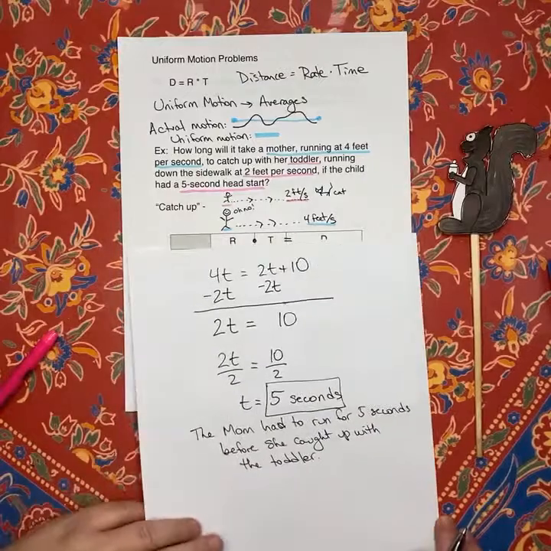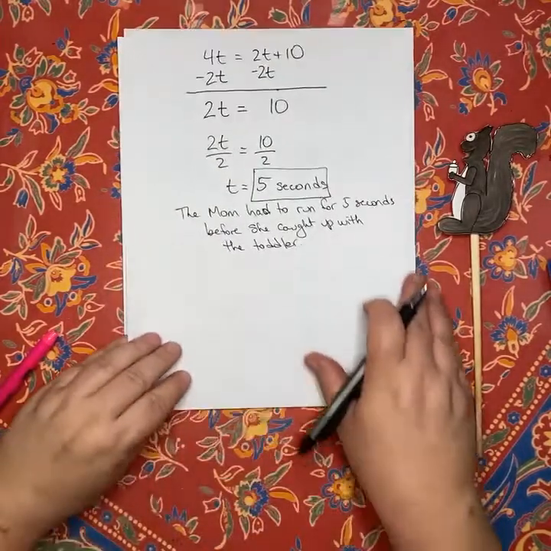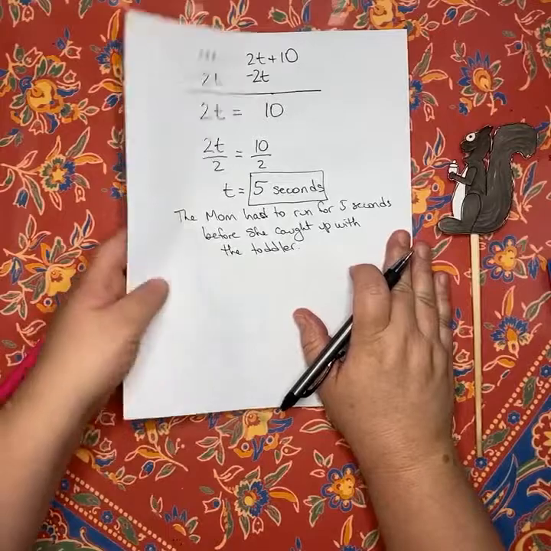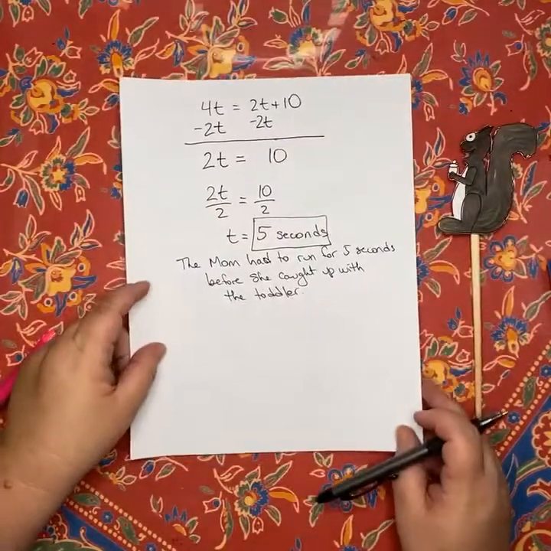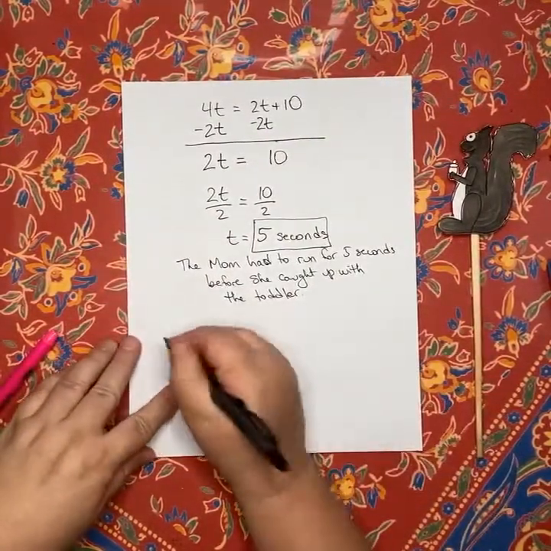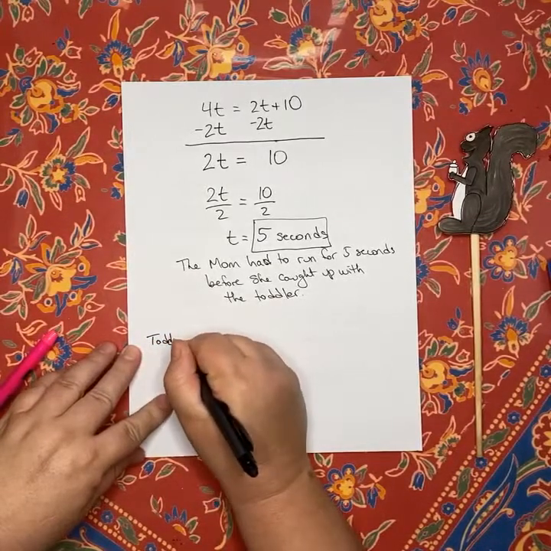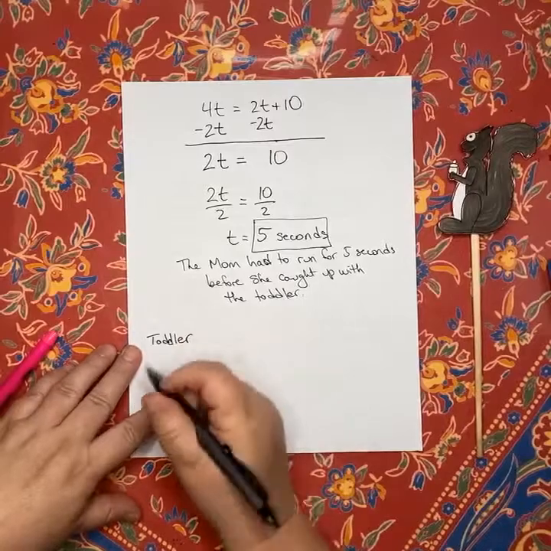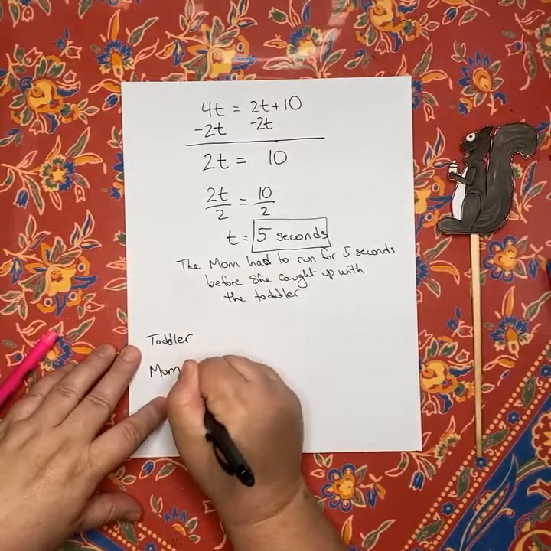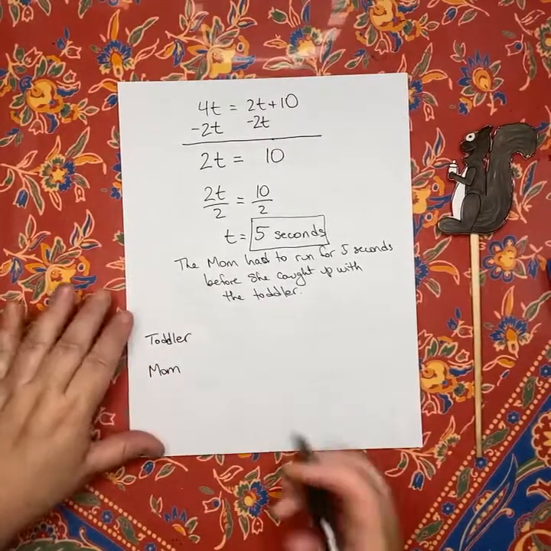Now, what I would like to try to do is describe what's going on to show you why this makes sense. Toddler, mom. Okay.